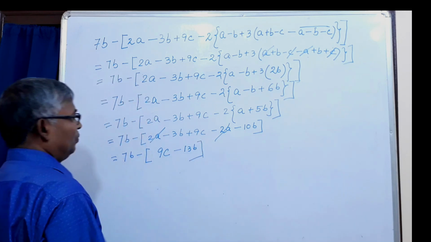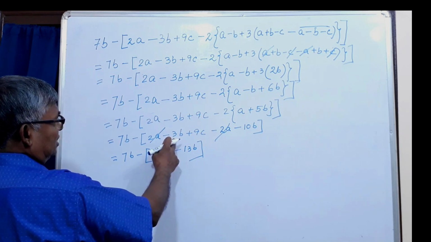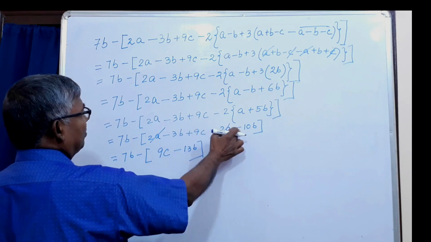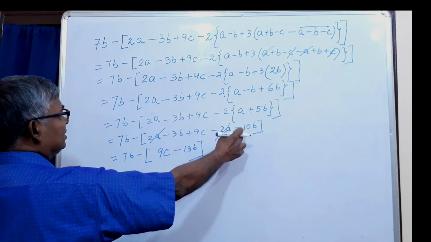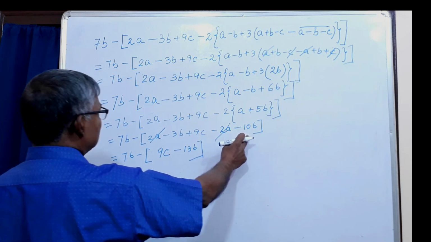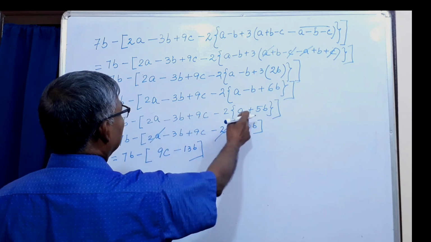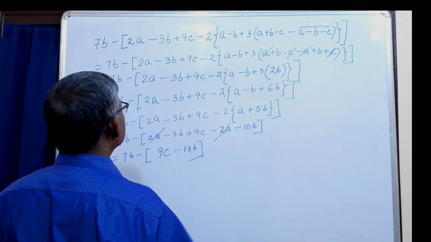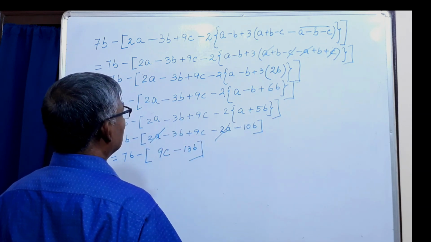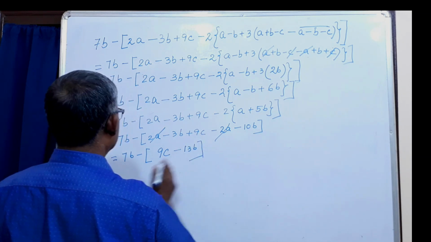You know the rule of summation. Whenever the signs are same, in case of summation, the numerical values are to be added, so it will be minus 13b. And here is 2a and minus 2a, it is cancelled automatically. So 9c minus 13b.